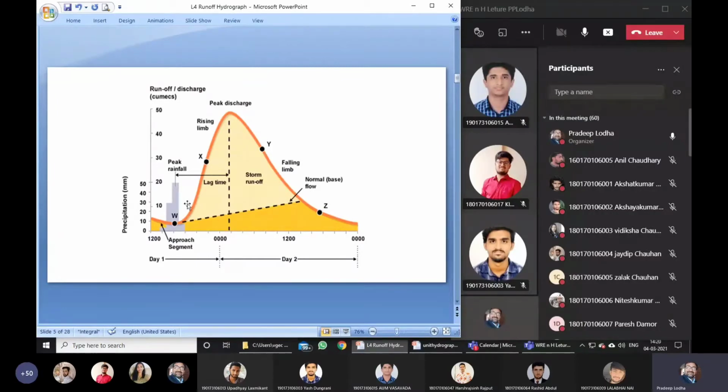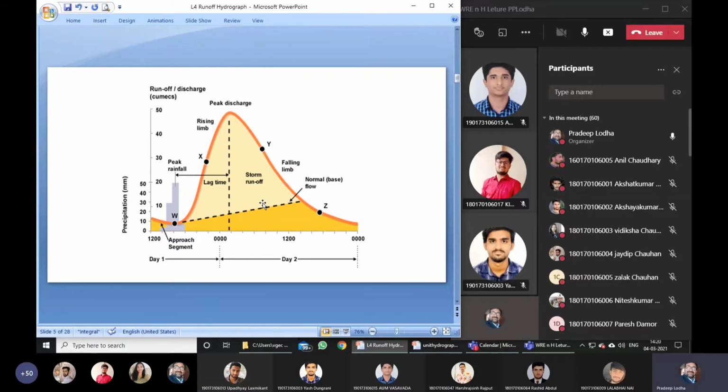So you could see the runoff depends on many factors. Basically, we are understanding runoff and discharge into channel versus time in a hydrograph. The amount of runoff generated out of a rainfall event depends on many factors, depending upon the catchment factors as well as the climatic factors.